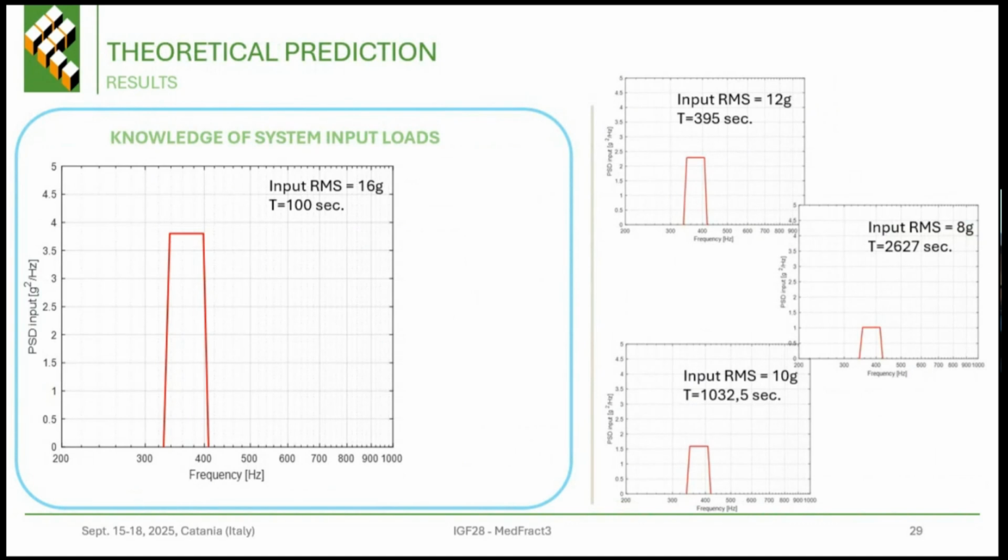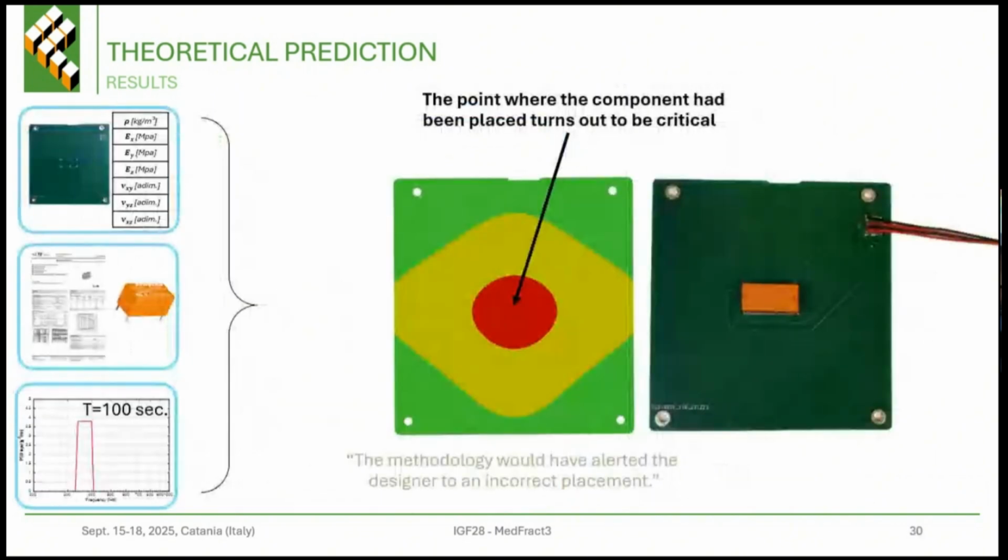And now we know also the breaking time for these 4 inputs. So we have all the inputs of our theoretical model to theoretically predict the failure, and at the end we can exit with this color map.